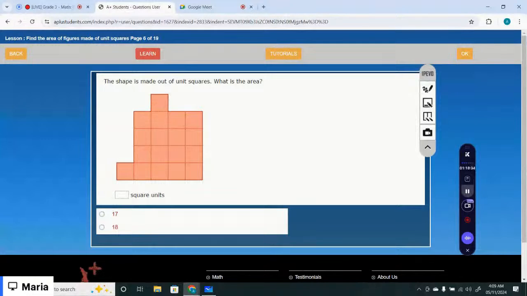The correct option is, very good, 18 square units it is. Option number 2 is the correct option.